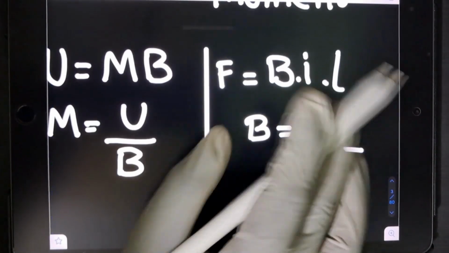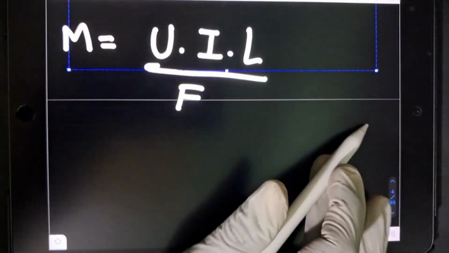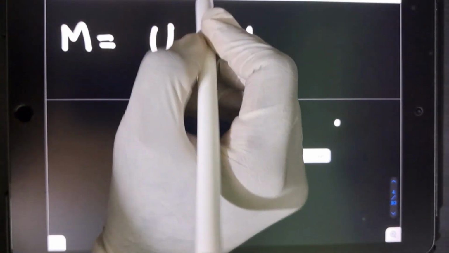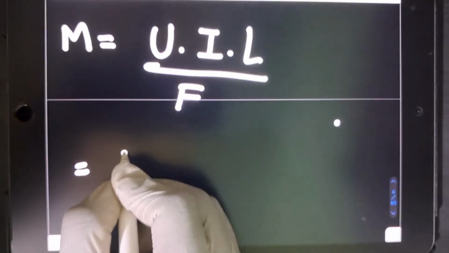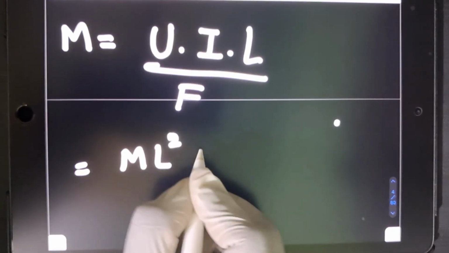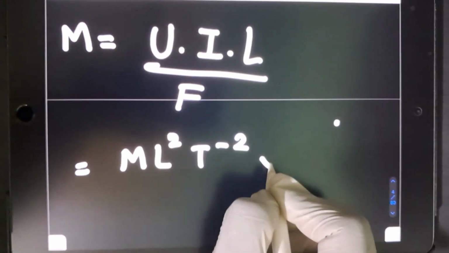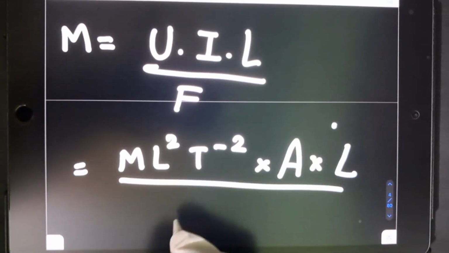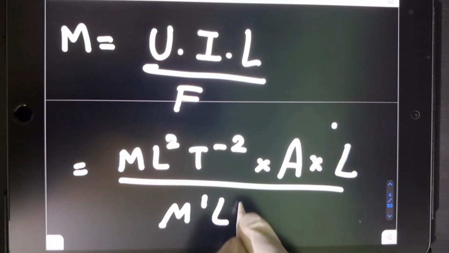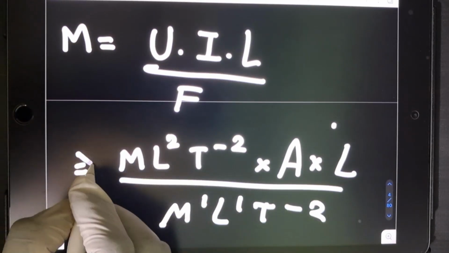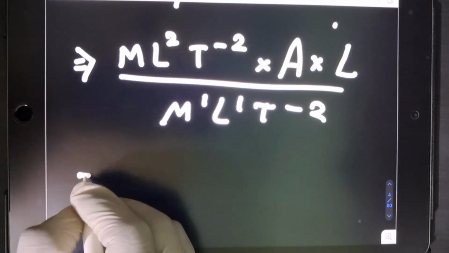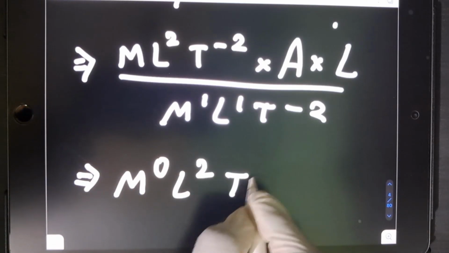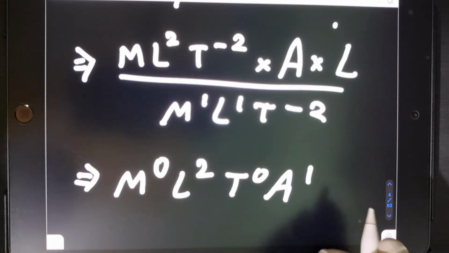Substitute B in the formula, where M is equal to U I L by F. Here, M power 1, L power 2, T power minus 2, into I, A, length L, by the dimensional formula of force, M power 1, L power 1, T power minus 2. On cancellation, we get M power 0, L power 2, T power 0 and A power 1.